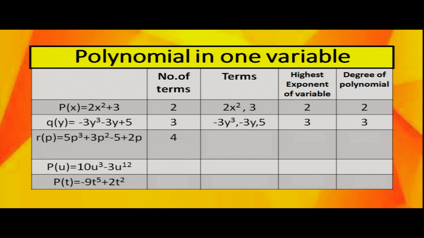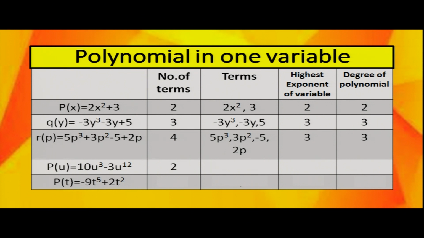What are they? 5p raised to the power 3, 3p square, minus 5 and 2p. And what is the highest exponent of the variable p? Here p to the power 3, so 3 is the highest exponent. And so the degree of this polynomial is 3. Now let's consider the next one, that is p(u).